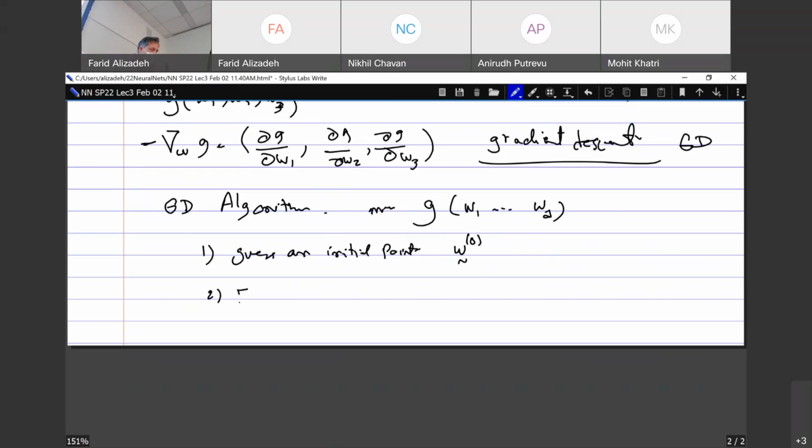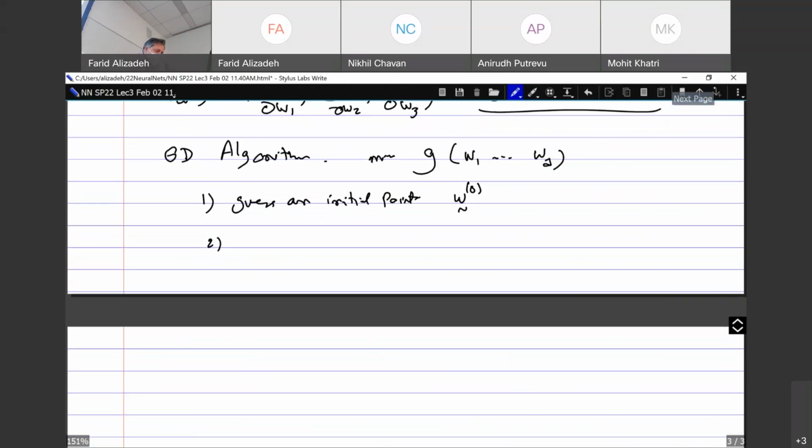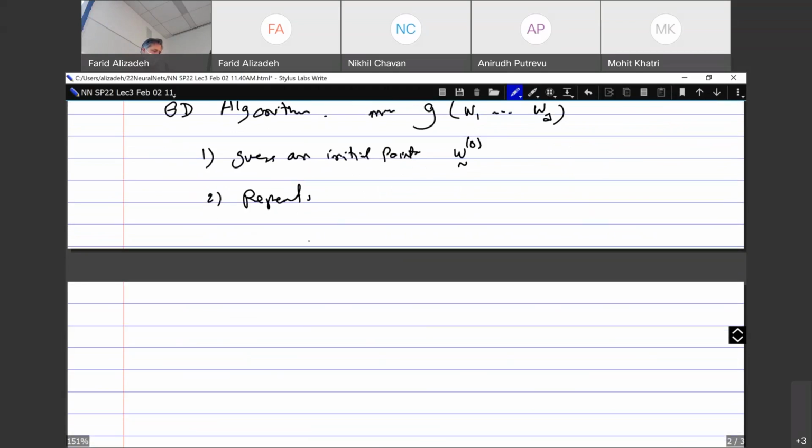Step two, you repeat this process. At the kth iteration, compute the gradient G of W_k. So I'm in the kth iteration, and this is my kth guess.